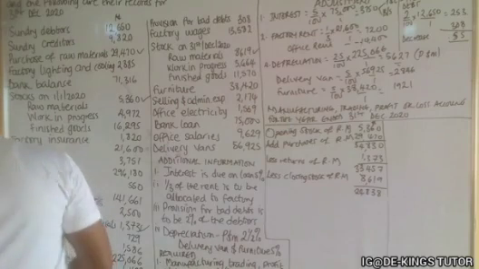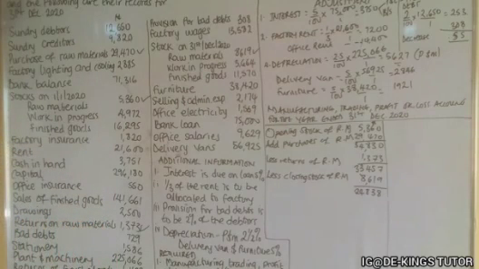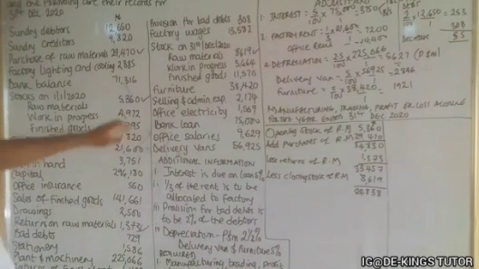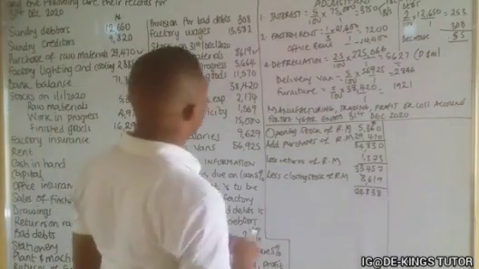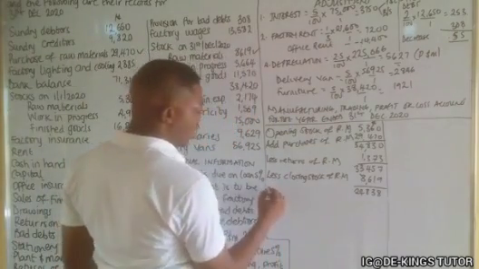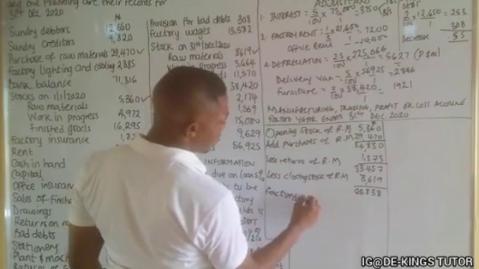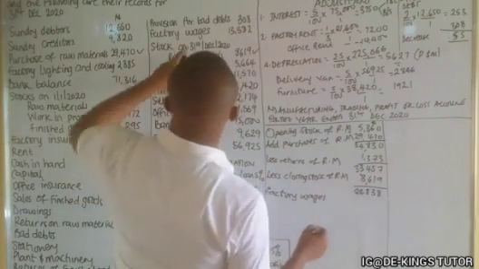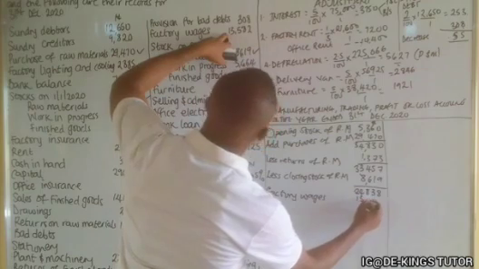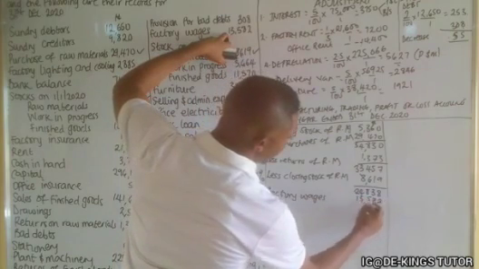Okay, so at this point now, we are going to add all the direct expenses. Now we're going to check if there's direct wages, direct materials. So we are going to check if we have factory wages. Factory wages is direct wages, so don't get confused because of the word factory there. So we have factory wages as 13,582.